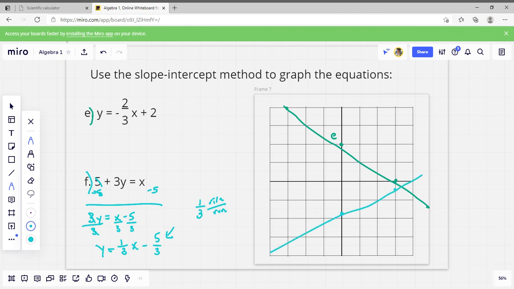That was a little harder to graph. I'm surprised that they gave you one that didn't come out even. But there it is. So even if it's a fraction, you can still figure out where it goes. All right, that is it for slope-intercept form and writing the equation of a line. And that is all for lesson 74.